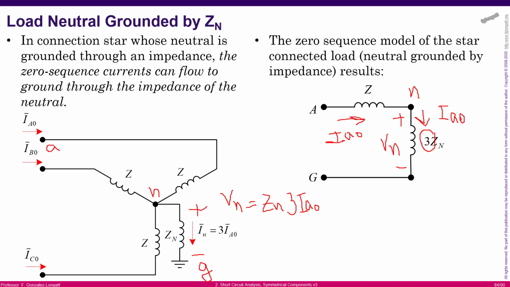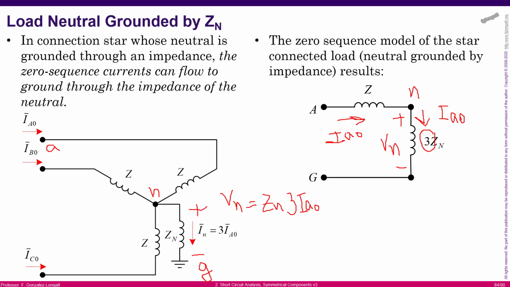Something that is extremely important and you must understand: including an impedance between the neutral point and the grounding point can provide some advantages and disadvantages, okay? Some advantages, because by adding impedance at the neutral point you can affect the asymmetrical short circuit level, since you are adding an intentional impedance in the zero sequence model.